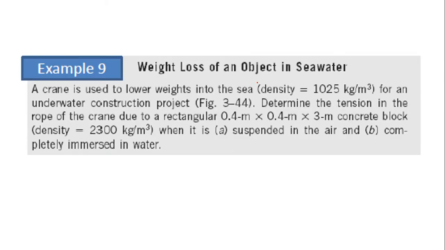Okay, so let's see the example. This example is the weight loss of an object in seawater. A crane is used to lower a weight into the sea, where the density of the sea water is 1025, for an underwater construction project.